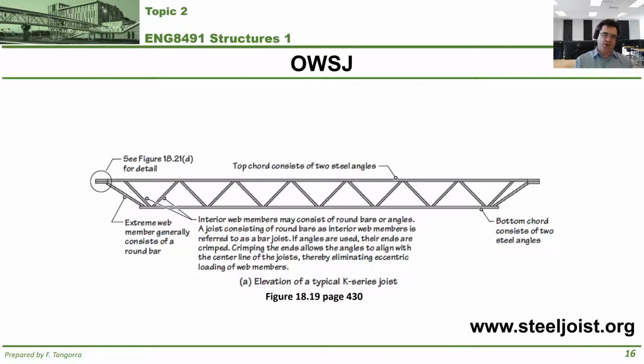And here's a more detailed view of what it's made of. An open web steel joist comprises the top line, called the top chord. The bottom horizontal line is called the bottom chord. And basically the triangles that are made between the two lines, they're the webs. Remember how we talked about webs with the I-beams?